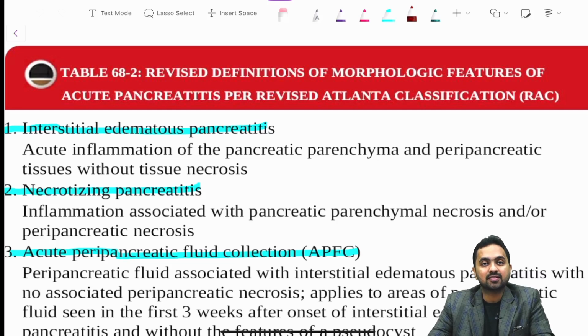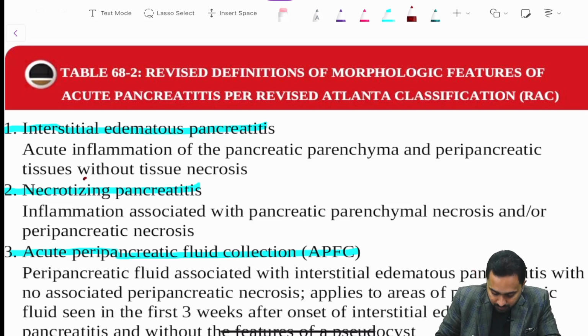So we continue our discussion on acute pancreatitis. So there are some revised definitions for the morphological features of acute pancreatitis as per the Atlanta classification. So first we have the interstitial edematous pancreatitis. In this, there's an acute inflammation of the pancreatic parenchyma and the peripancreatic tissue, but without any tissue necrosis. Right? There is no tissue necrosis.